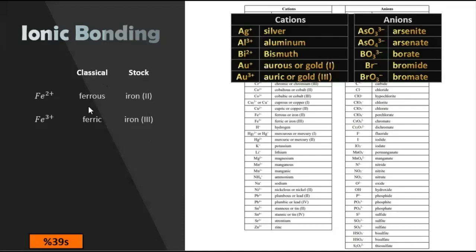And the name that ends with -ous or -ic is called the classical name. So once you're asked what's the classical name of Fe with 2+ charge, you will provide ferrous. If you are asked to give the stock name of Fe3+, you will give iron(III).